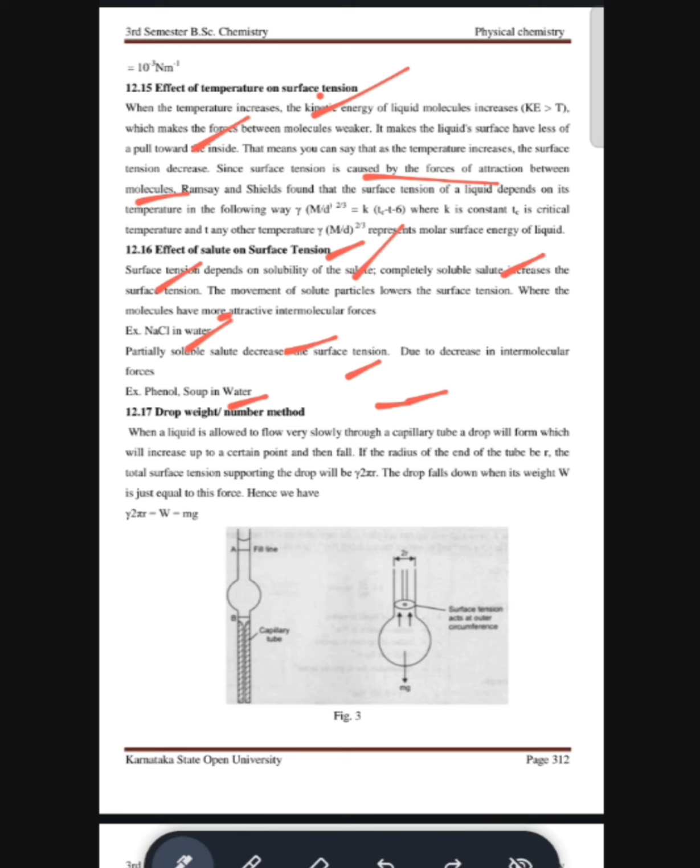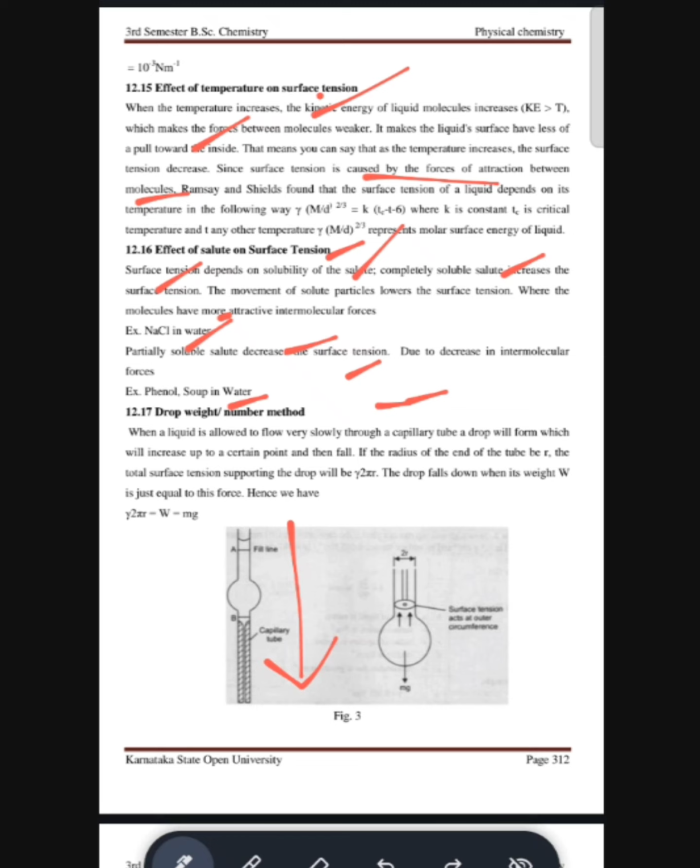So next is the drop weight or drop number method. Here, when a liquid is allowed to flow very slowly through a capillary tube from A to B, what happens? A drop will form, which will increase up to a certain point and then fall.